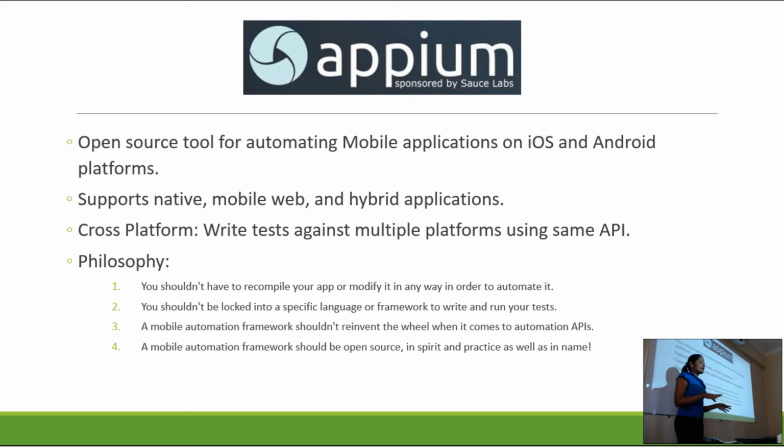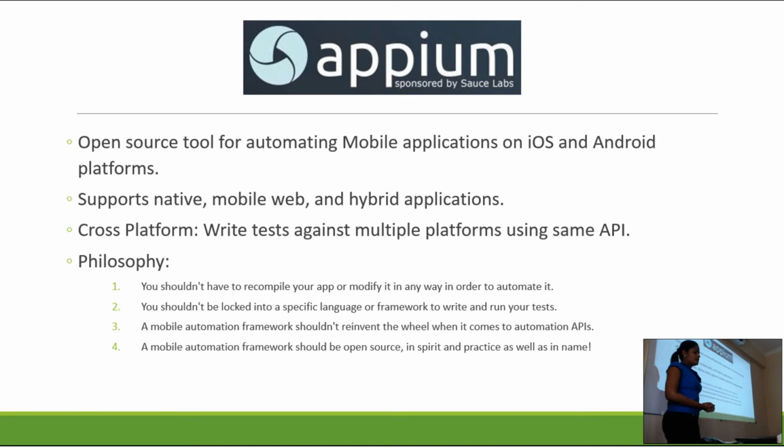It's open source, so anybody can use it, and even if you want to change things about it, you can. It also supports native, mobile web and hybrid applications all at once, and it's cross-platform. It writes tests against multiple platforms using the same API. You will see what I mean here. And they talk about a philosophy, like a marketing strategy that they use.